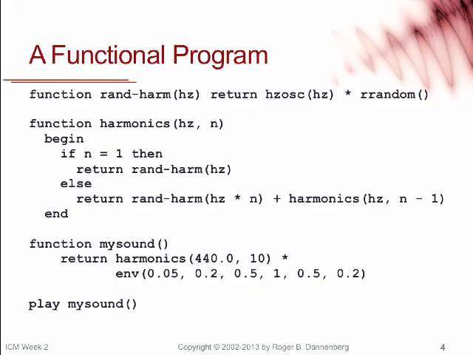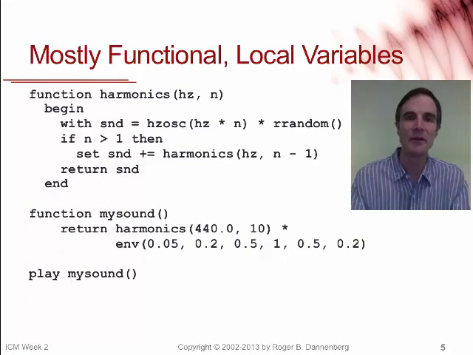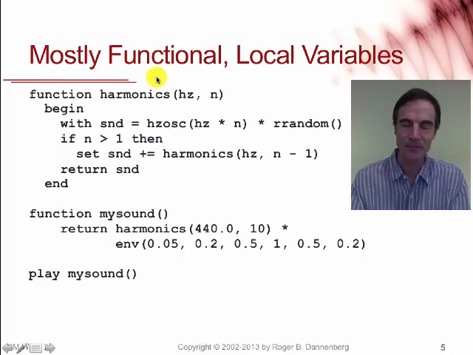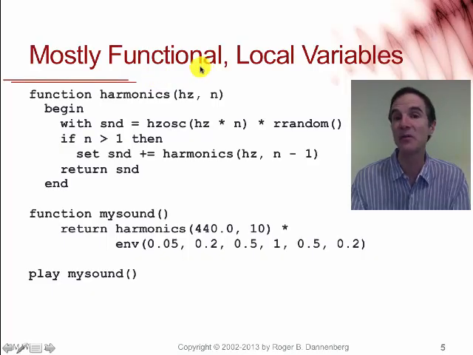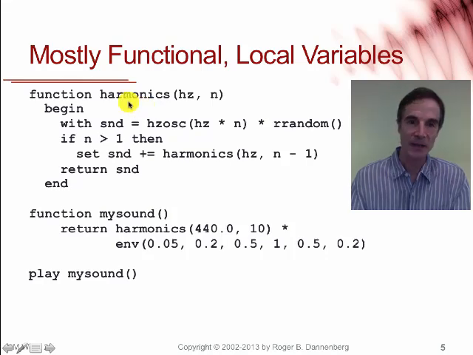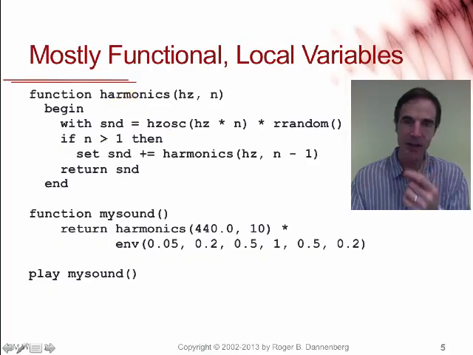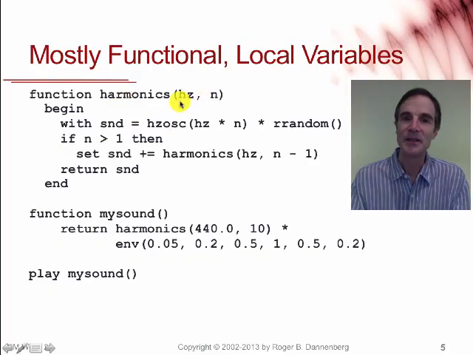Okay, but let's see if we can make this program a little smaller and a little neater and easier to read. So one thing we could do is relax our demand for purely functional programs. We can use some local variables and make a mostly functional program that's a little simpler. So here it is. We still have this harmonics function, and its specification is the same.